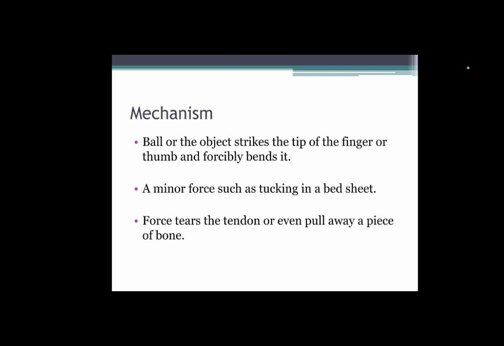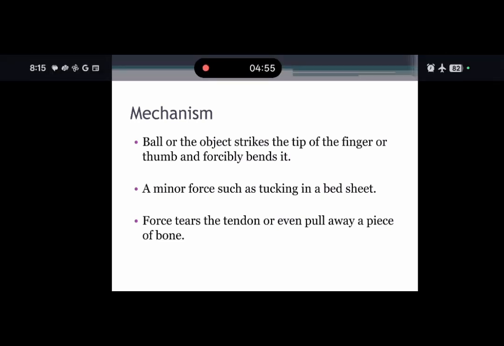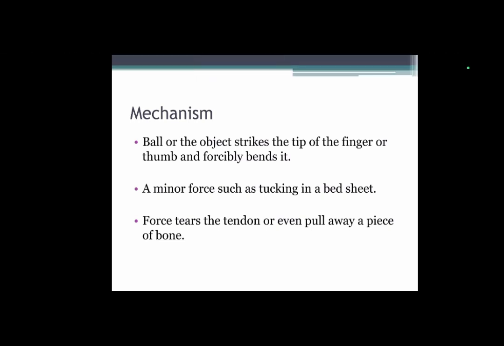In some cases, instead of tearing, the tendon pulls off a small fragment of bone from the distal phalanx, known as an avulsion fracture. This injury commonly occurs during sports when a ball strikes the tip of the finger, but it can also result from a fall or direct trauma.